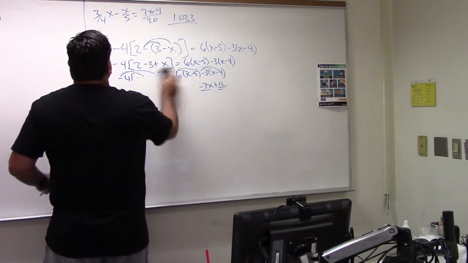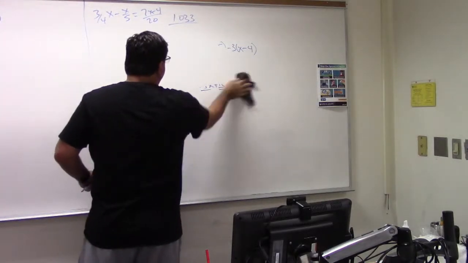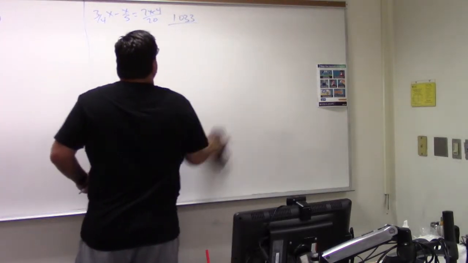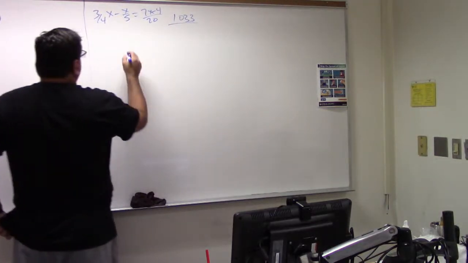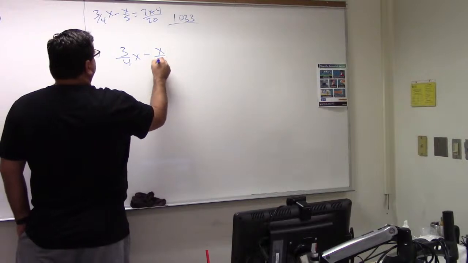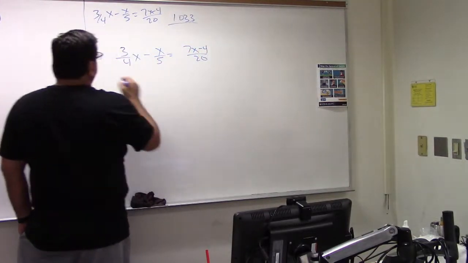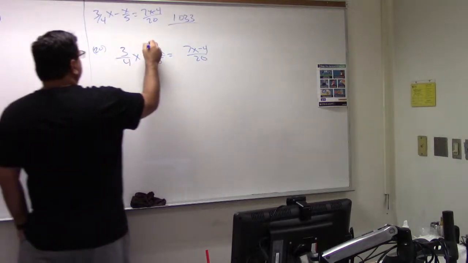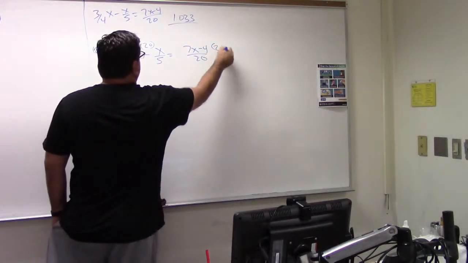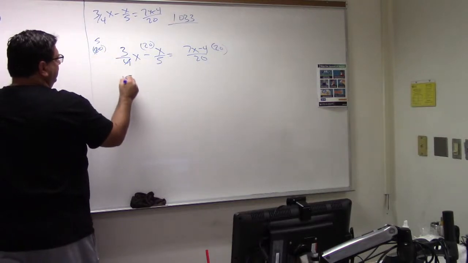Now, what'd you get for the fraction one? I got like 12x equal 4 and I kind of stopped because it didn't really make sense. Okay, all right, fair enough. Let's take a look. So we got 3/4 x minus x over 5 equals 7x minus 4 over 20. We're multiplying through by 20. 4 goes into 20 5 times. 5 times 3 is 15x.